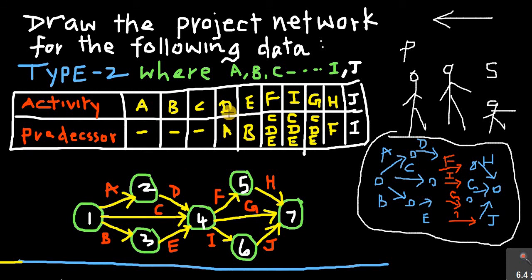A is a predecessor of D, and B is a predecessor of E. F has predecessors C, D, E, and I has the predecessors C, D, E, and G has predecessors C, D, E, and H has a predecessor F, and J has a predecessor I. And here G, H, J don't have the successor. Therefore, this would be the final project diagram for us.